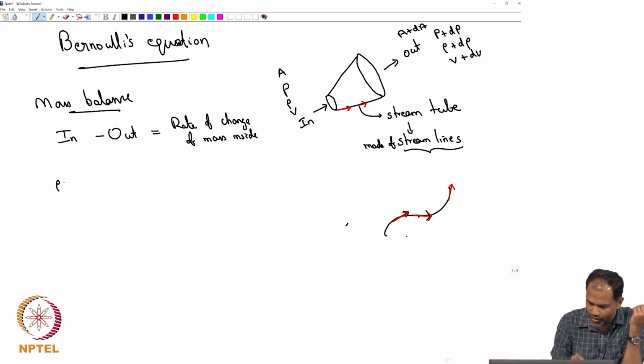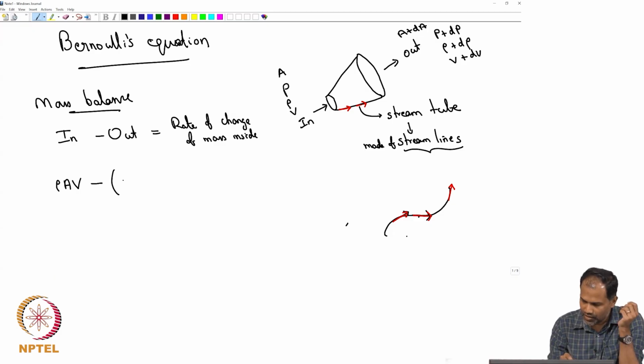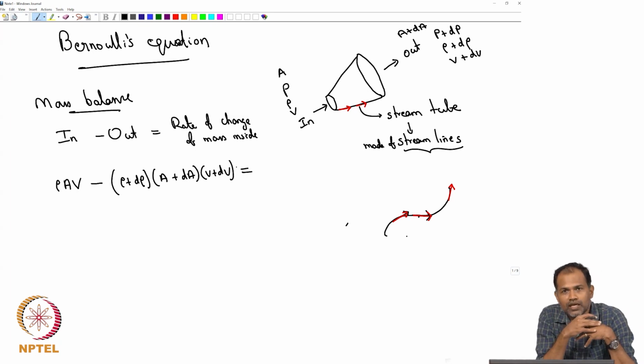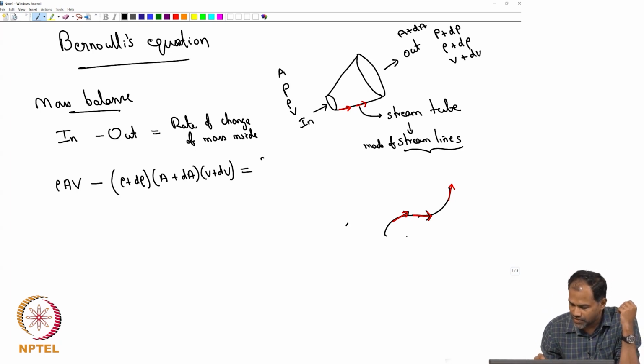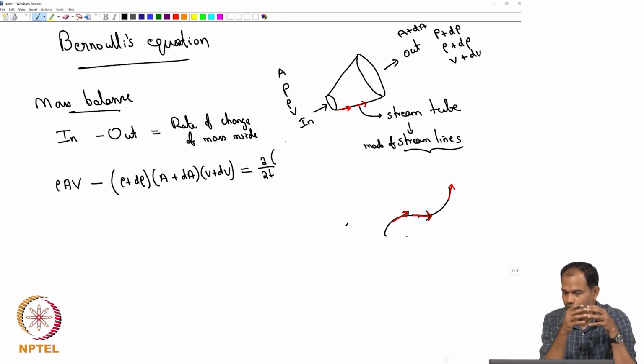So, rho times A times V is the mass that is going in, minus the mass that is coming out, which is going to be rho plus d rho times A plus dA times V plus dV, and that has to be equal to the rate of change of mass, which is del by del t of the mass in that volume.